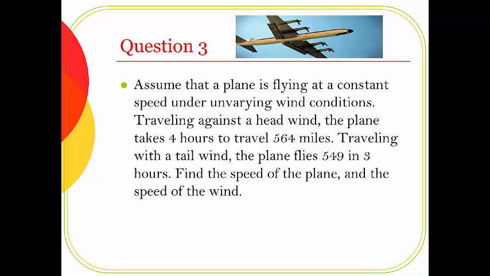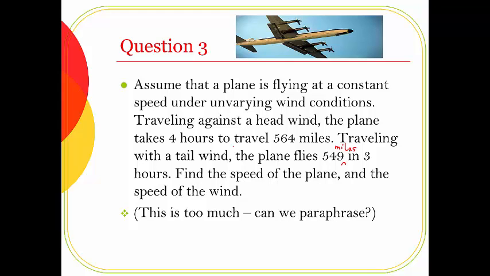Find the speed of the plane and the speed of the wind. Yeah, there should be 549 miles here. So, if you look at this question for a moment, you will see that it is too much, right?